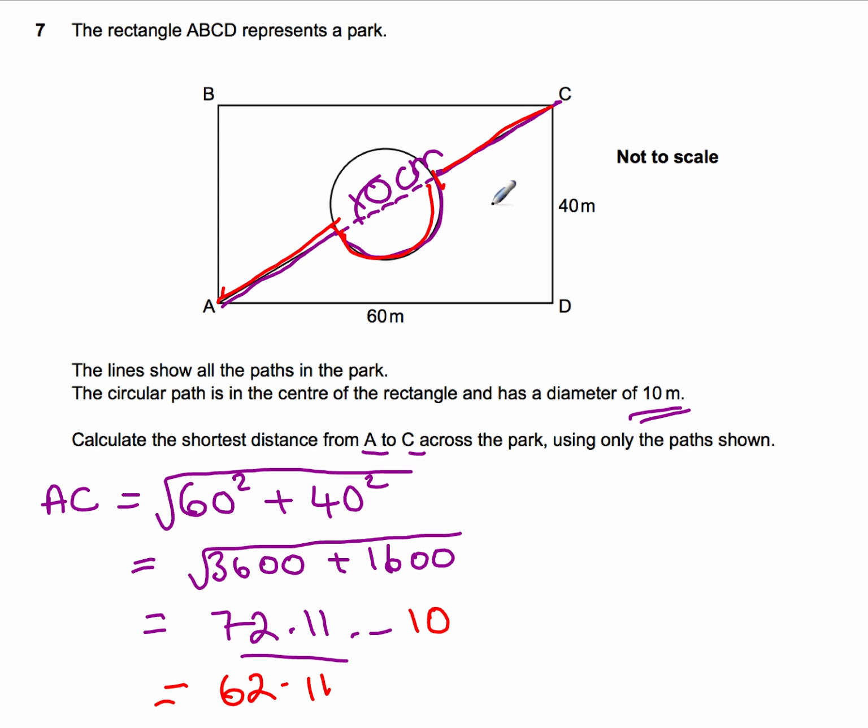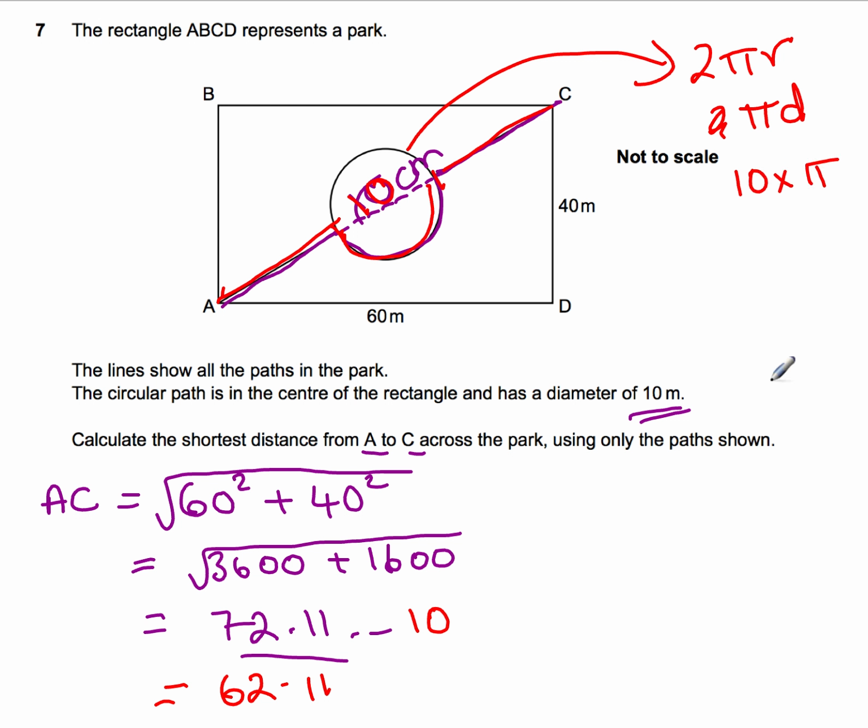Okay, now in order to cross this path, we're going to use the circumference of a circle. The circumference of an entire circle is given to us by the formula 2 pi r, or we can use pi times d. Okay, so as the diameter is already given to us as 10, we're just going to use 10 times pi, which is 31.4.